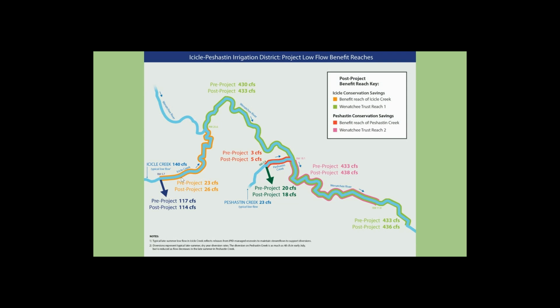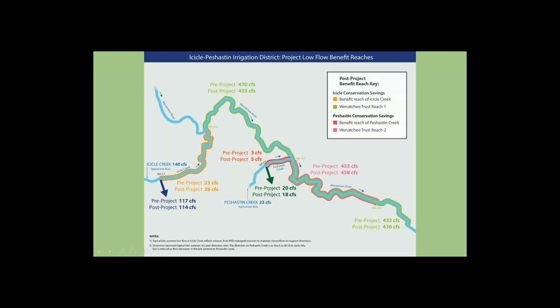We tried to be conservative in what we think the pre-project and post-project benefit would be, though we are relying on some other projects to occur. As of last year, there was less than 15 CFS in that historic channel. So based on those numbers, it's a significant increase to go from 10 to 13.